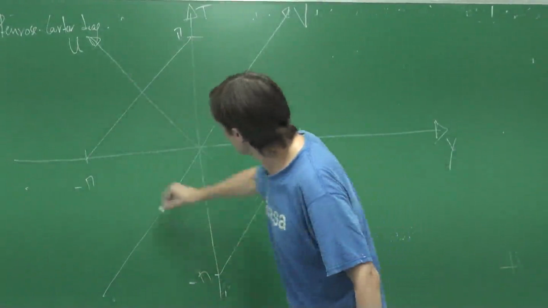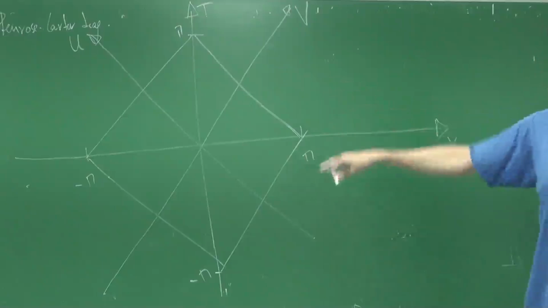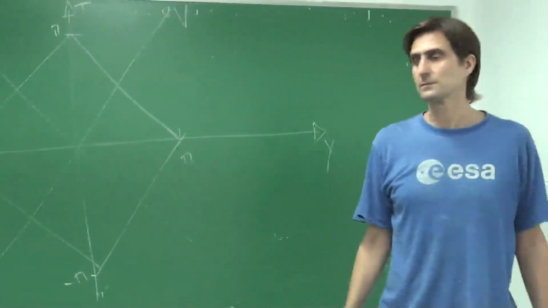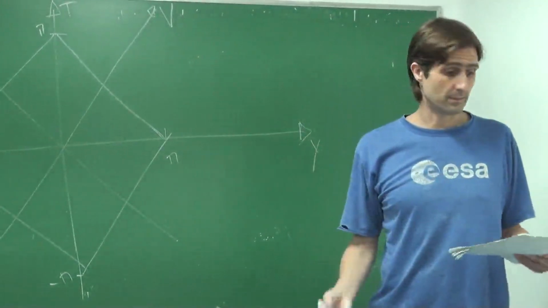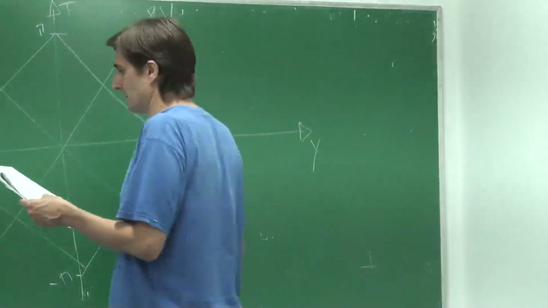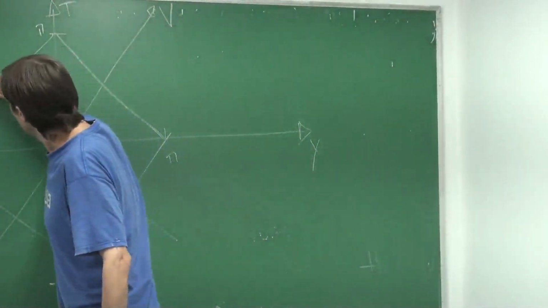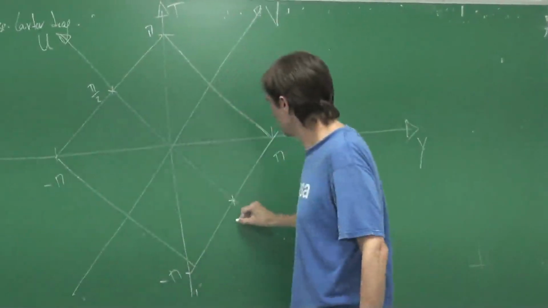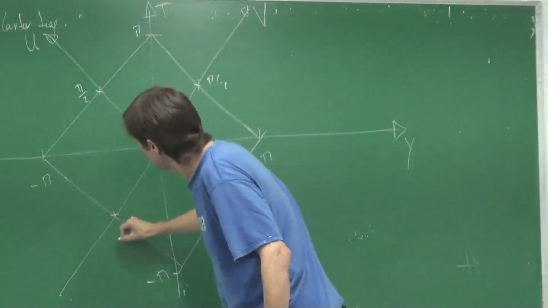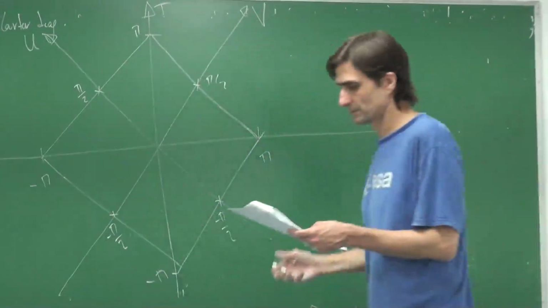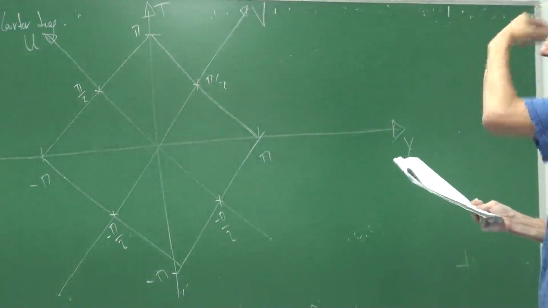I'm really bad at drawing things. So this diamond is the whole of your spacetime. Okay, this is capital U pi over 2, capital U minus pi over 2, capital V pi over 2, capital V minus pi over 2.